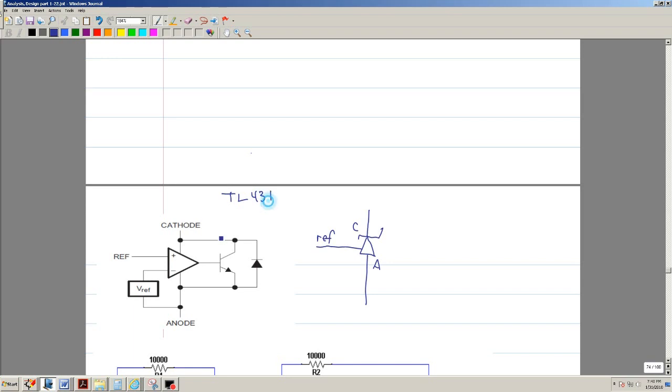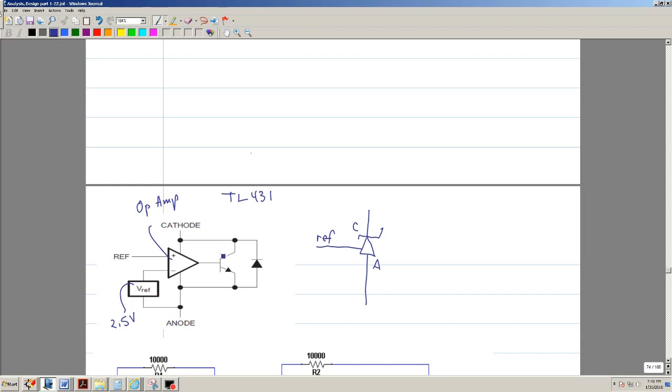What this is telling you is that the TL431 with the 3 terminals internally has an opamp. It's got a reference. This reference is typically 2.5 volts.